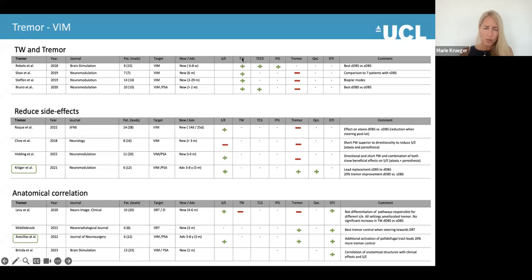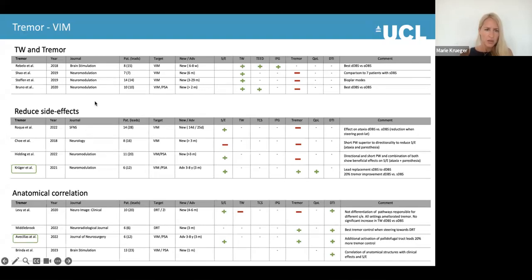Again, therapeutic window clearly in favor of directional electrodes. But if you look at the tremor reduction, they're not clinically superior compared to either omnidirectional electrodes or a ring mode.